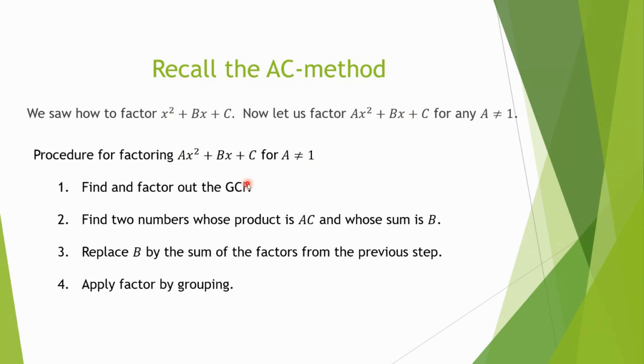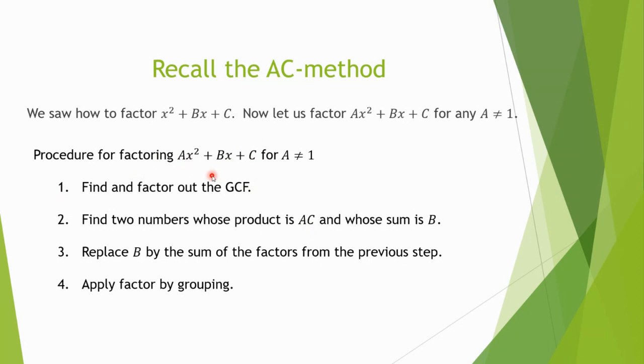Then, once you do that, you find the product of A times C, and you want two numbers whose product is A times C, whatever that is, but the sum has to be B. The sum has to be B. Then what you do next is you replace B with that sum. What will happen is you'll get a polynomial with 4 terms, and you could apply factor by grouping.